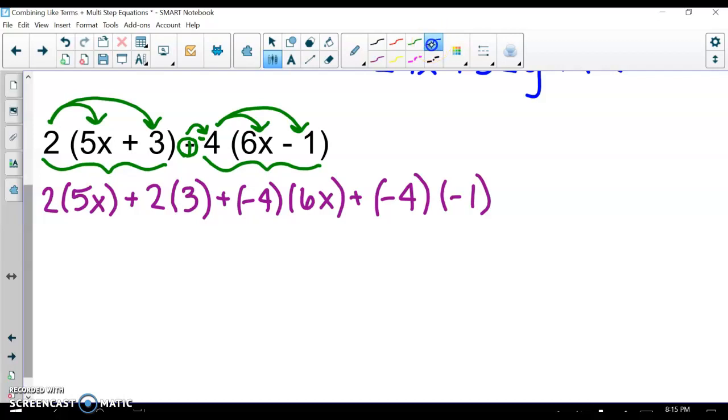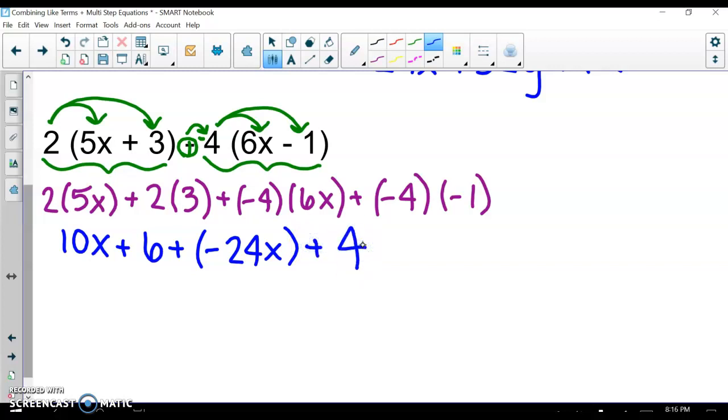So let's simplify this down. We have 2 times 5x is 10x plus 2 times 3 is 6 plus negative 4 times 6x is a negative 24x, and then plus a negative 4 times a negative 1 is a positive 4, so plus 4.